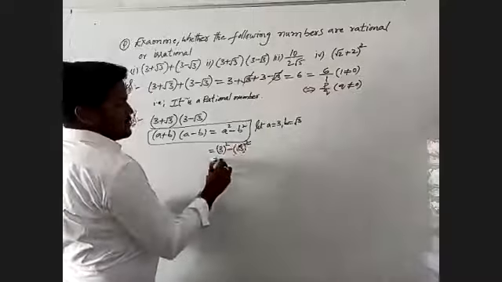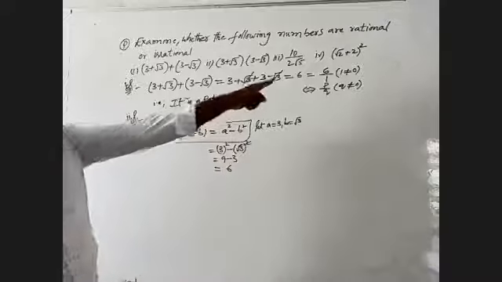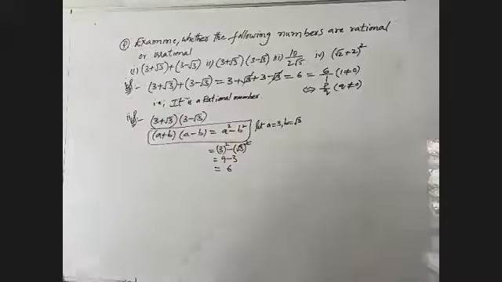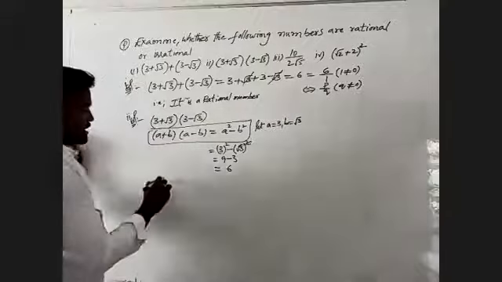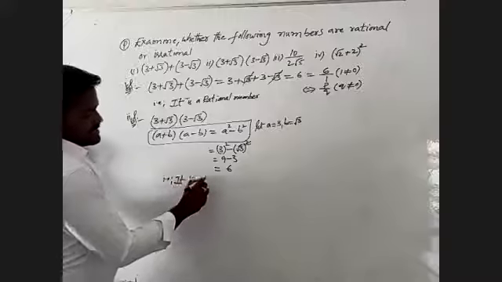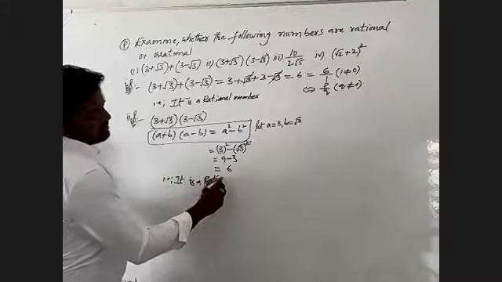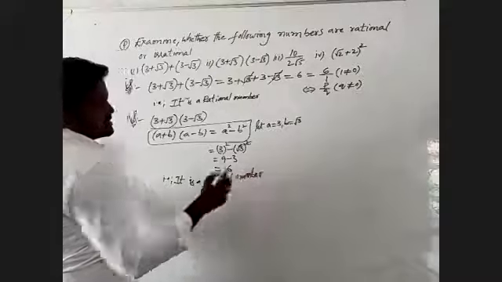Square and root will be cancelled. 9 minus 3 becomes 6. Already 6 I write as 6 by 1, where 1 is not equal to 0. It is also a rational number.